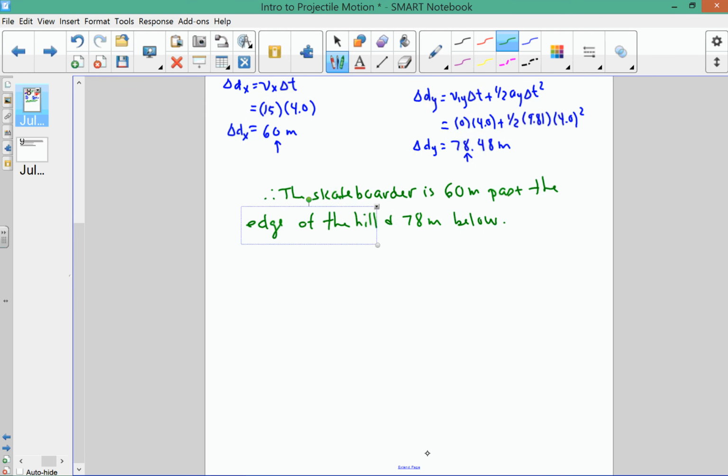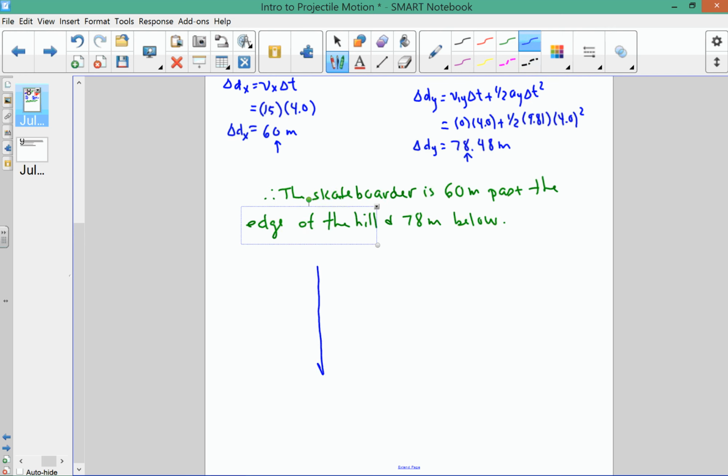So now let's draw his displacement. We know that he's gone 78.48 meters down and 60 meters past horizontally.